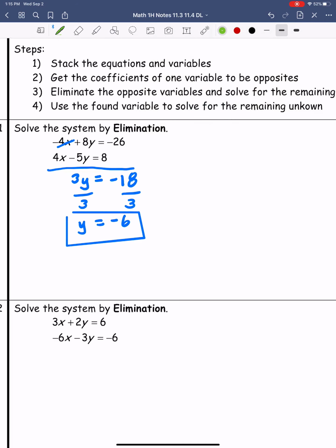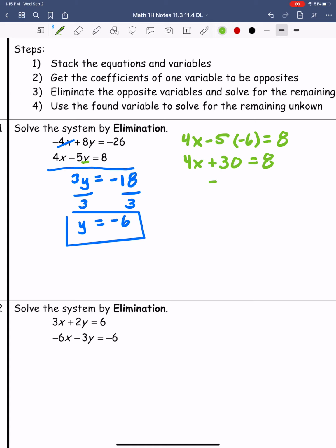And so we're going to end up here with 4x minus 5. Instead of putting the y that's there, I'm going to replace it with what I have, which is -6. And that equals 8. And now I'm going to go ahead and solve this. So I get 4x plus 30 equals 8.